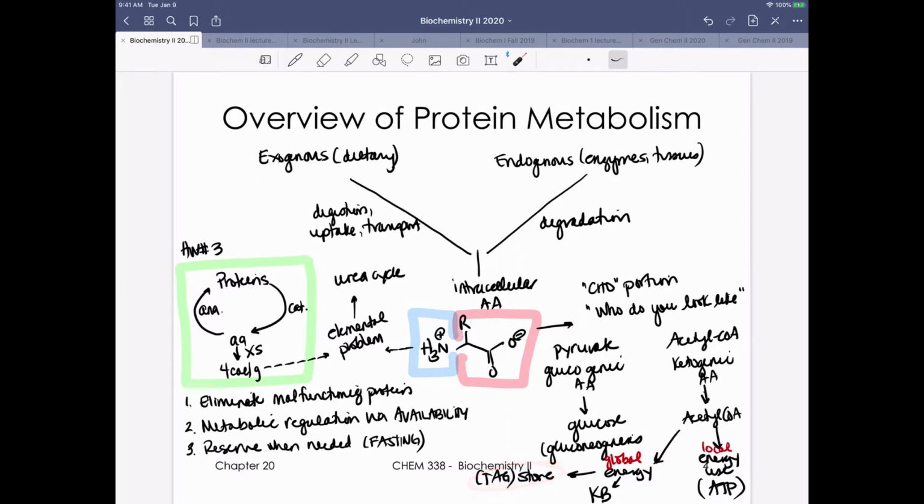And if there's excess, we can still store that acetyl-CoA as triglycerides. The last thing to highlight on this slide, which we will get into in detail shortly: when we deal with this elemental problem, we dispose of those nitrogen atoms as urea through its synthesis in the urea cycle.